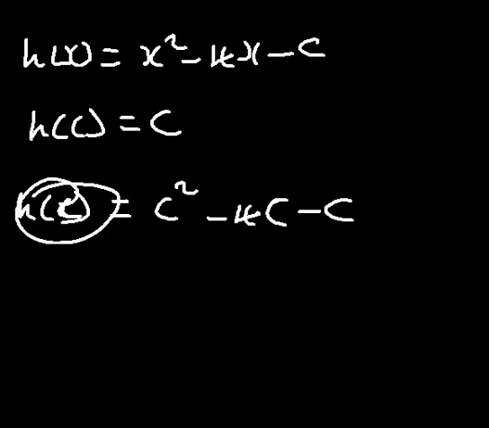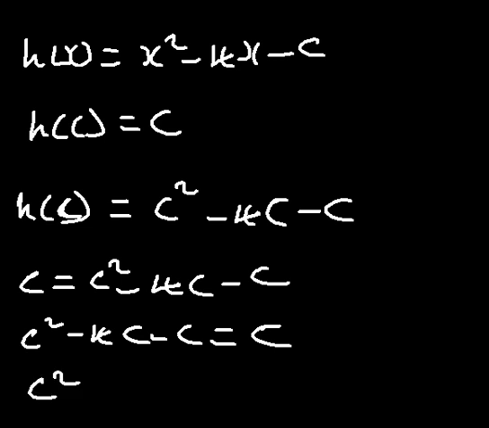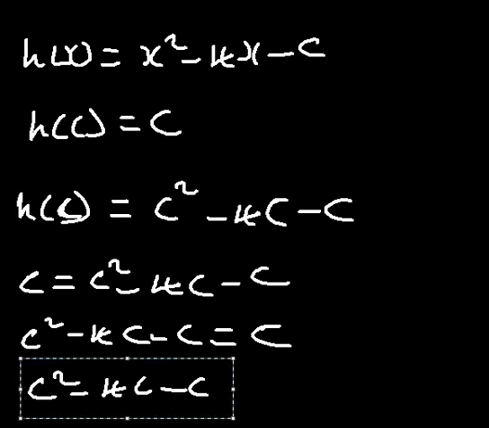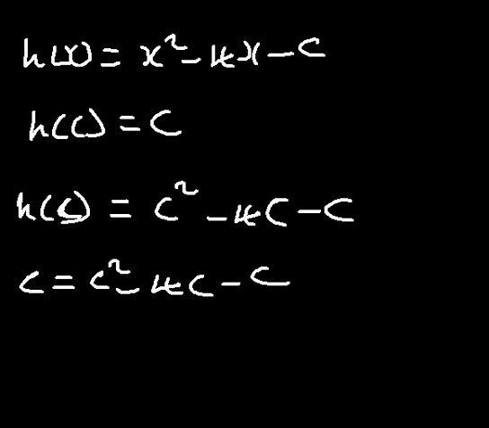But h of c is c, so c is equal to c squared minus 4c minus c, and I just have to simplify it first.